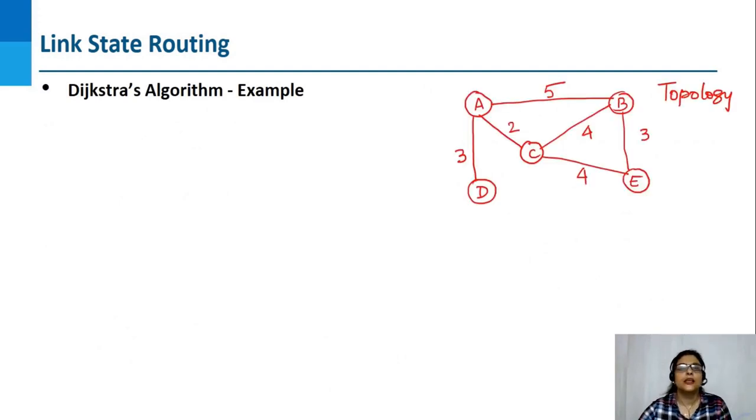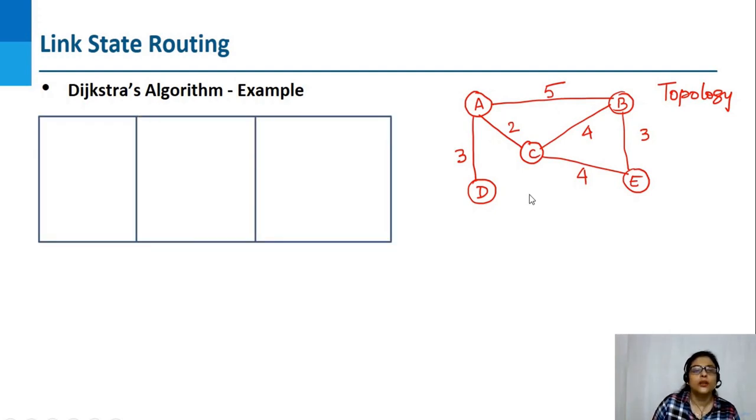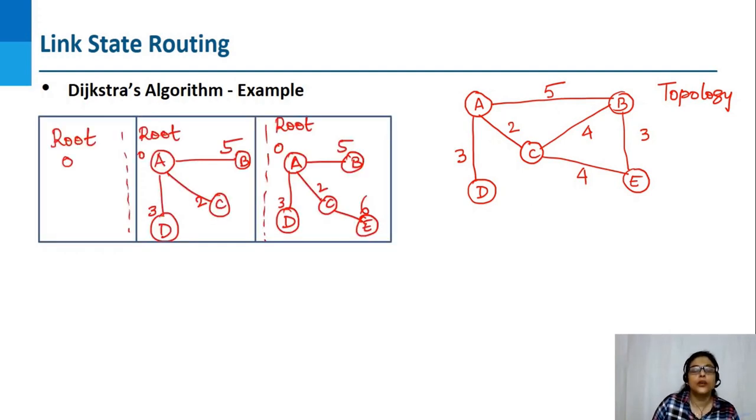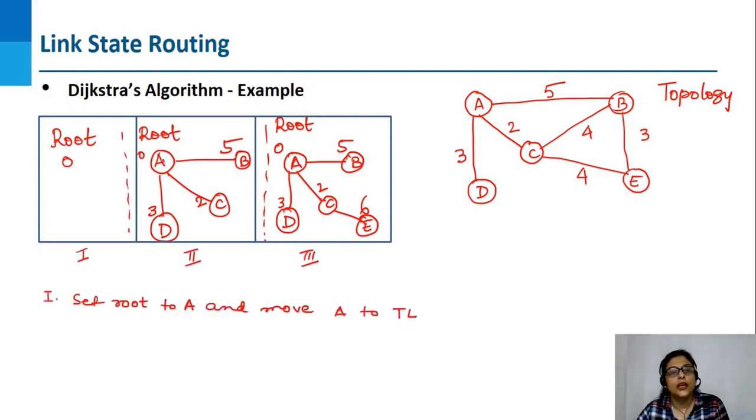Let us understand Dijkstra's algorithm with the help of an example. Let's understand this with an example having a topology of 5 nodes A, B, C, D, E with the respective costs or minimum distances. So let's see what the first, second and third steps are. The first step is we have to set the root to A. Let's say we are creating the root for A. So we set the root to A and move A to the tentative list.